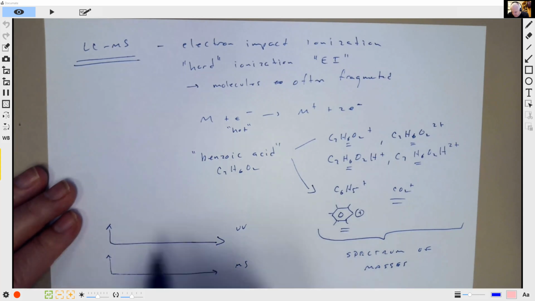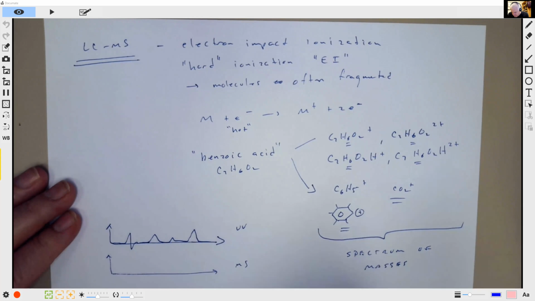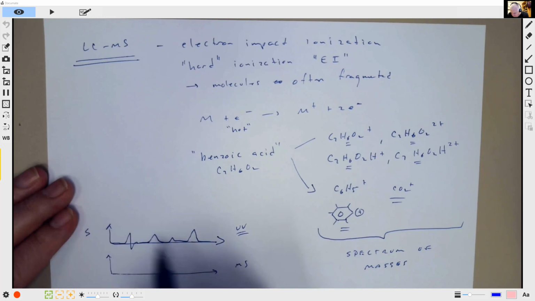But let's say you have this UV trace, right? And you see this. So you have something like Diet Coke, right? Got some unretained stuff, then you've got a couple of other peaks in there. This is the ultraviolet, signal versus time.